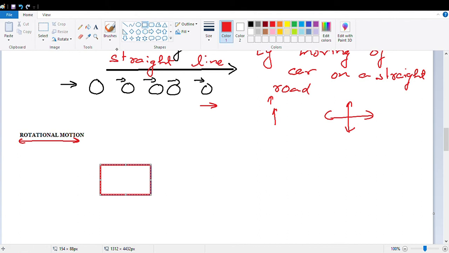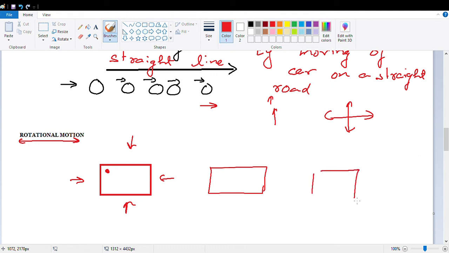Now if you apply force from this direction, or this direction, it is not possible for it to move here or go there. This possibility is eliminated, because you have fixed it. You have pivoted it.